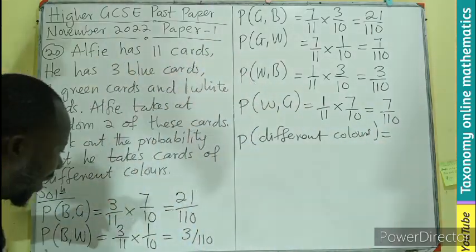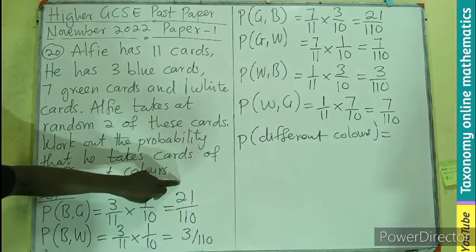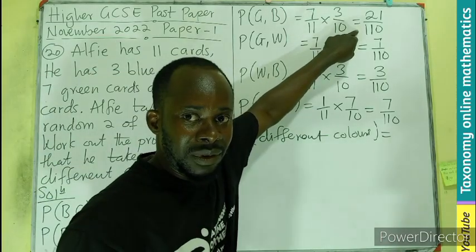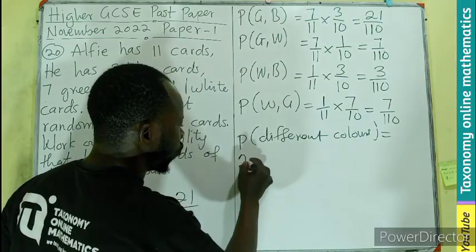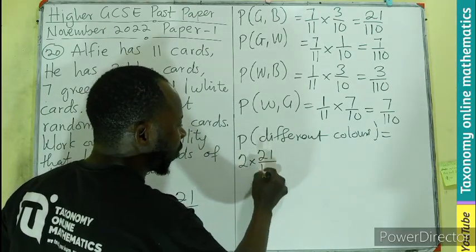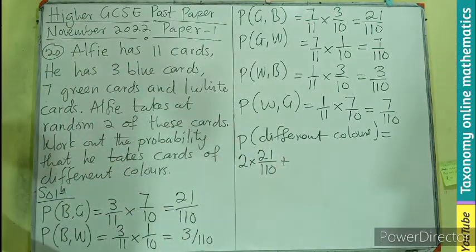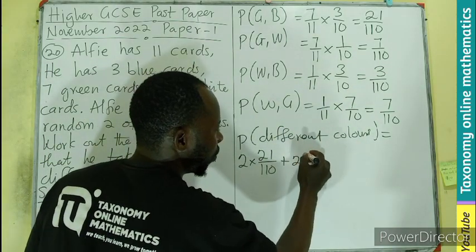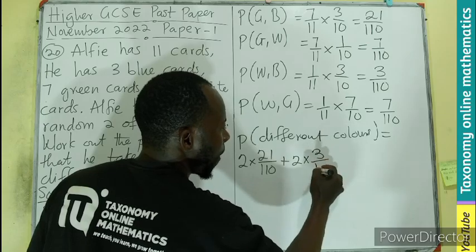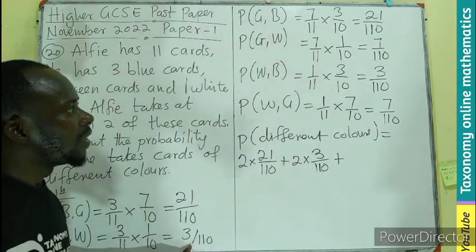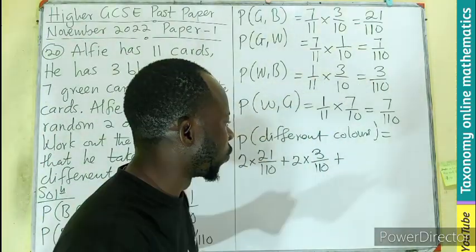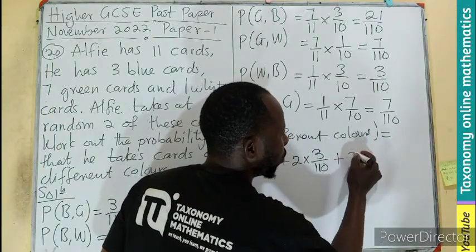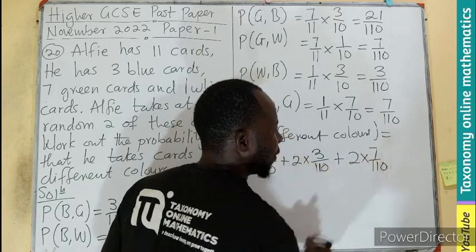So our probability of different colors is going to be, we are adding all of them. So I'll be adding 21 out of 110, 2 times. So that becomes 2 times 21 out of 110. I'm having 3 out of 110 here, 2 times. Plus, I guess 7 out of 110 is also 2 times.